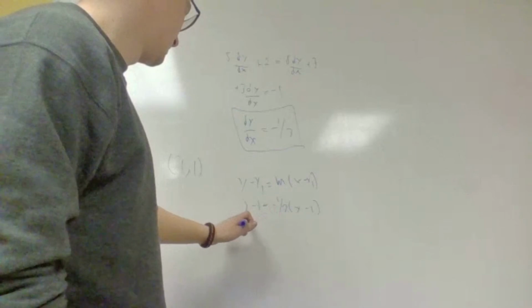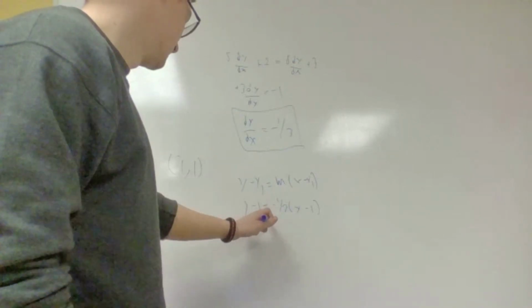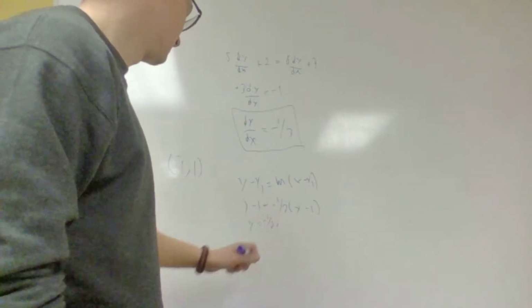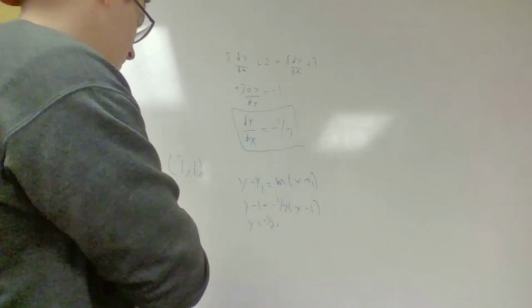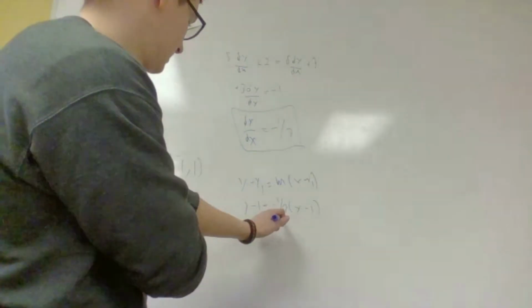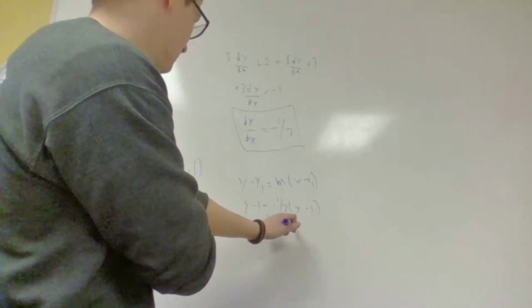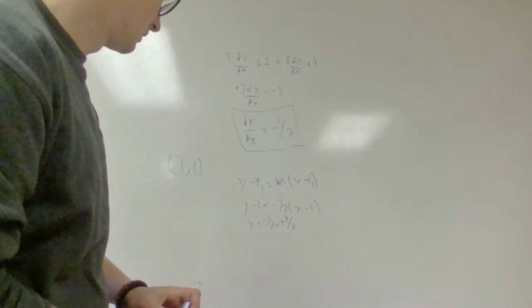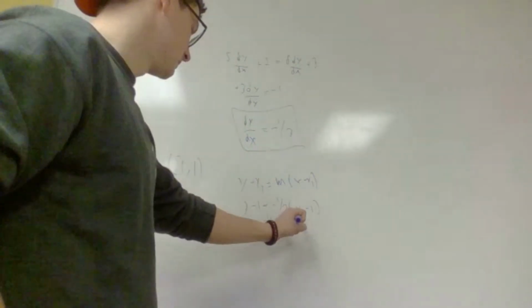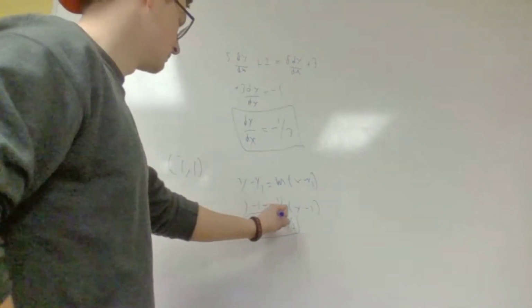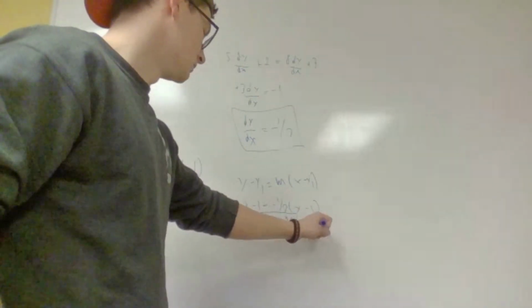So you get y equals negative 1/3 x, plus 1/3, plus 1, so you get plus 4 thirds. And that would be your tangent line at the point 1, 1.